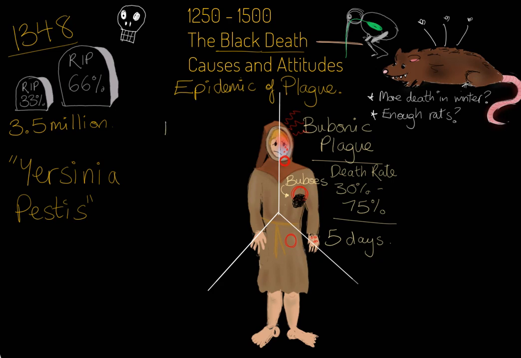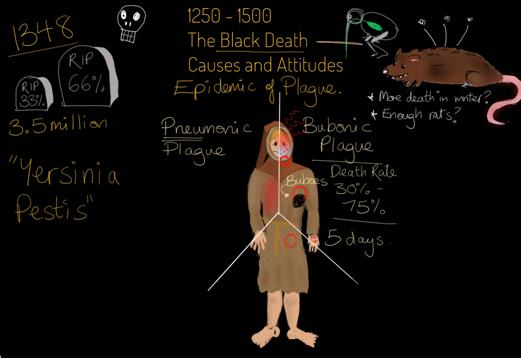Now, there were other ways that the plague could attack people's bodies. One is through pneumonic plague. When you see pneu, it generally relates to air. So a pneumatic drill uses air to work. Pneumonia is a disease of the lungs, and the pneumonic plague was also when the plague got into people's lungs.